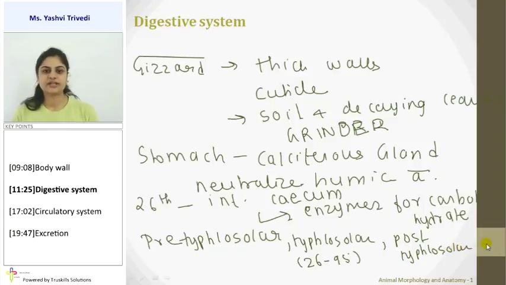Particularly the typhlosolar area has a higher area for absorption, so more absorption could be done from that area. Finally, it will open up into the anus, and whatever food has to be excreted will be excreted out through the anus.